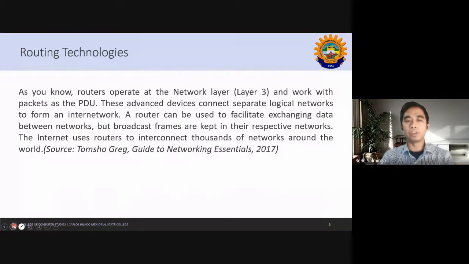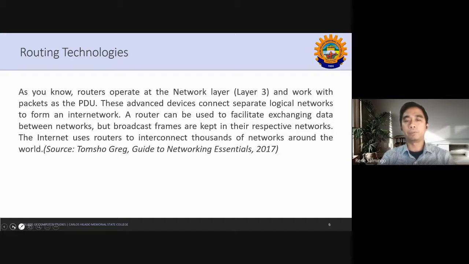In such a case, routers usually operate at network layer 3, and work with packets. What is a PDU? Anybody? What is a PDU? Since you're working on layer 3, you have your protocol data unit, and these advanced devices connect separate logical networks to form an internetwork.